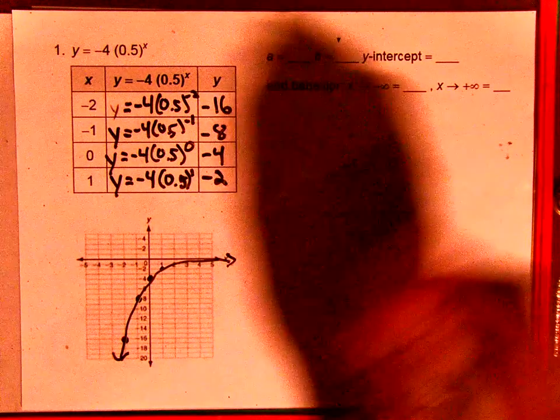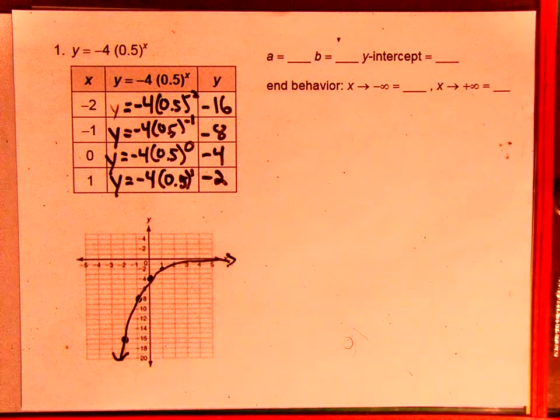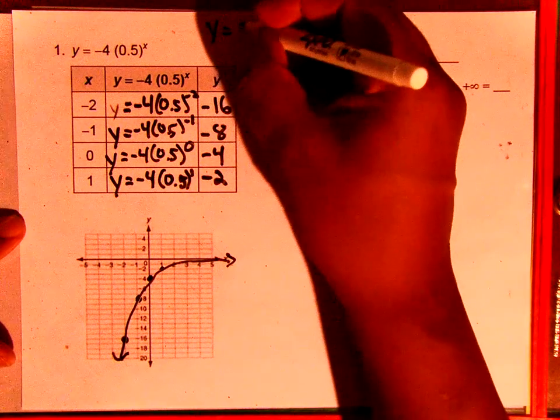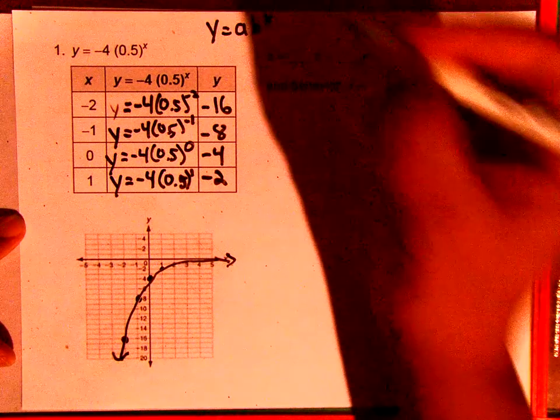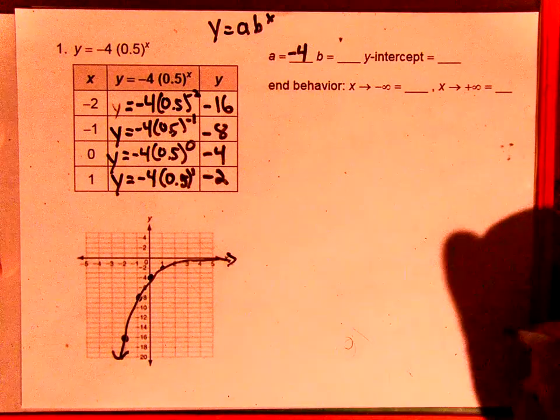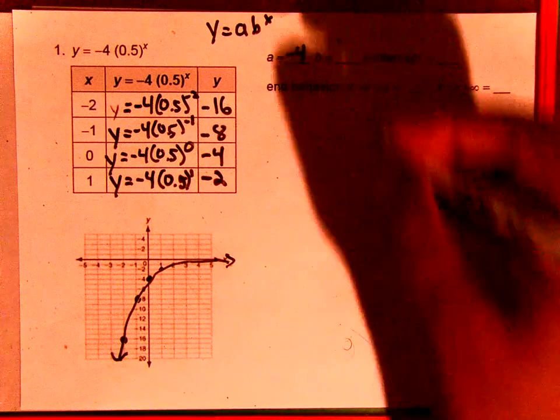Now we're going to fill out everything over here. The a, well, we know that from our y equals a b raised to the x. The a is negative 4. The b is 0.5.